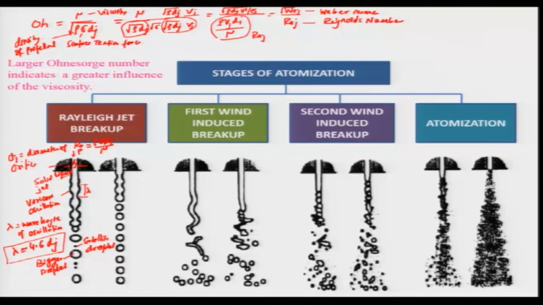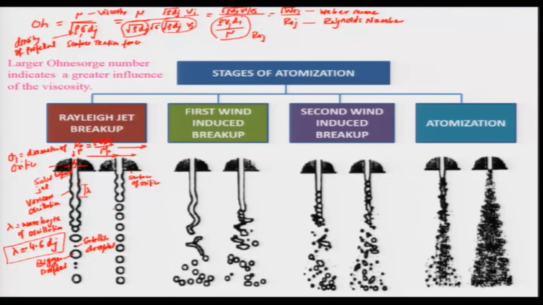Keep in mind that this bigger droplet will always be higher than or on the same order as the jet diameter. Of course, now if the pressure is increased further to the next level, so also the Reynolds number increases. Then this oscillation will be closer to the surface of the orifice, and it is subjected to more oscillation.